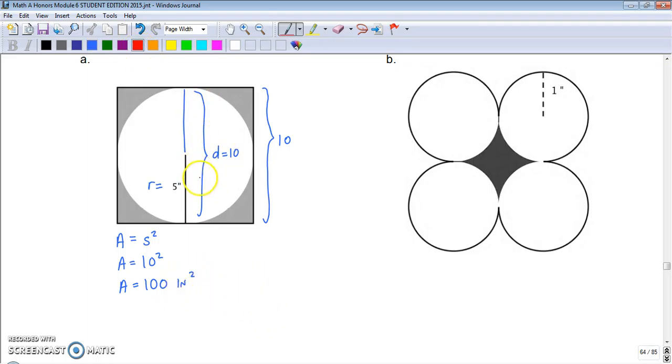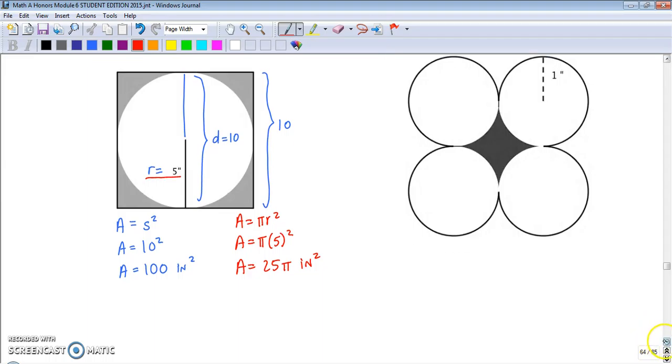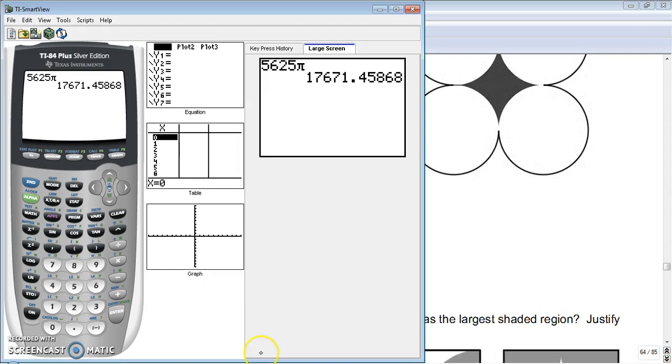Let's find the area of the circle now. So for the circle, I'm going to be relying on the radius. So now I'm going to use pi r squared. And that is 25 pi inches squared. I'm going to round to the nearest hundredth. So 25 pi to the nearest hundredth is 78.54.